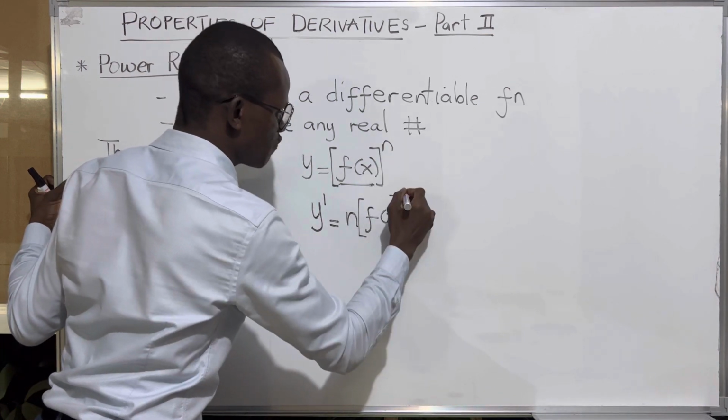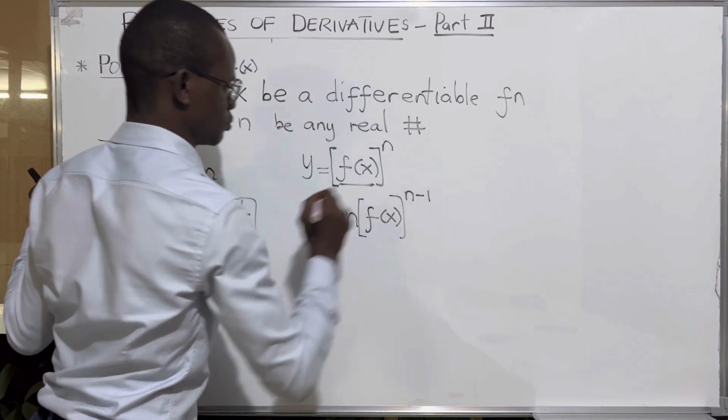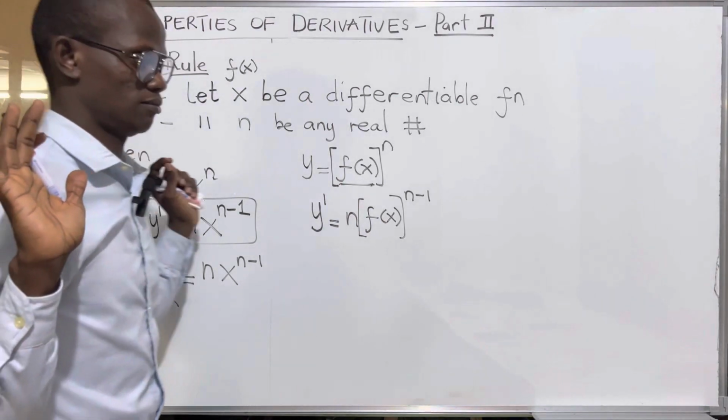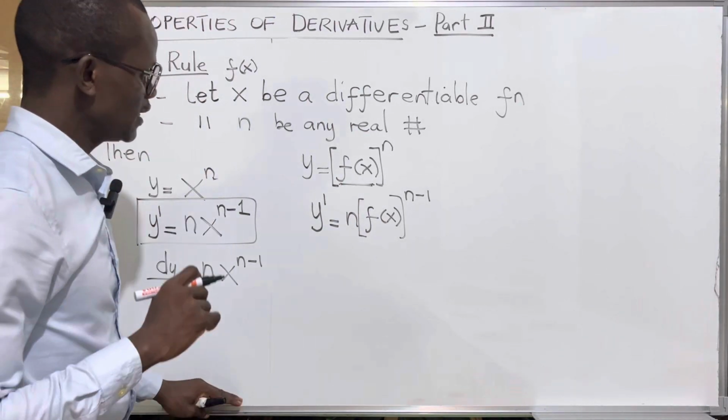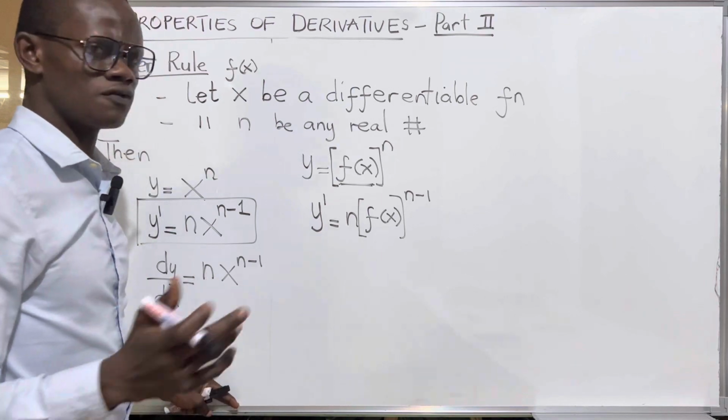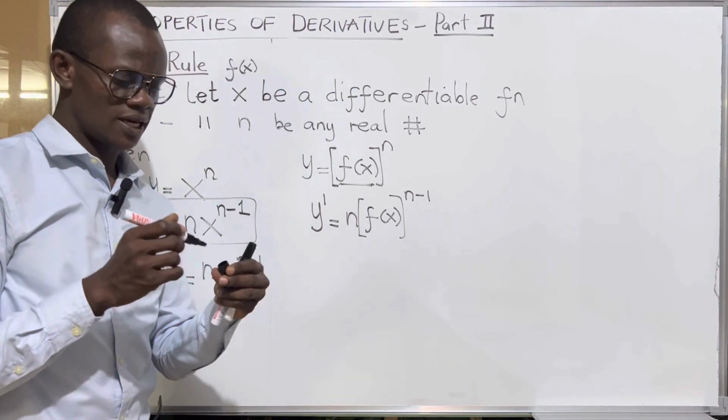Then you subtract 1 from that power, n minus 1. Done.